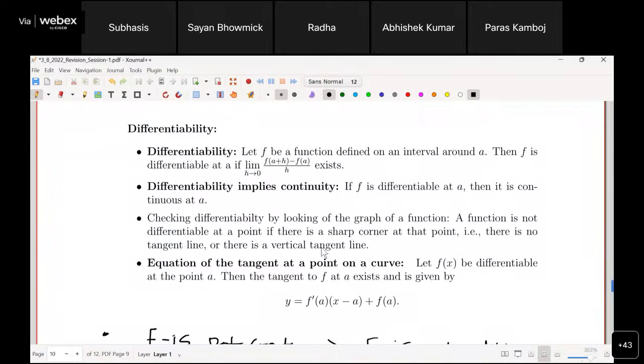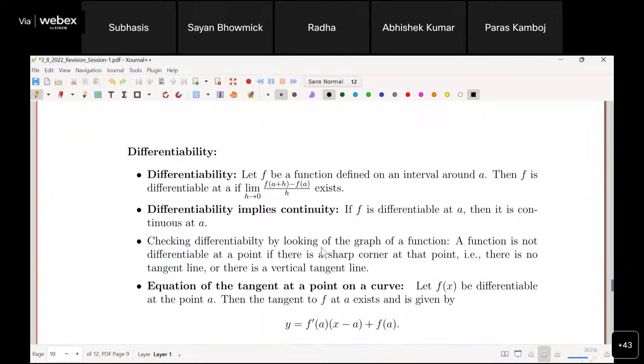This is precisely the formula for the tangent line. Suppose you have a graph, and this is your function f.